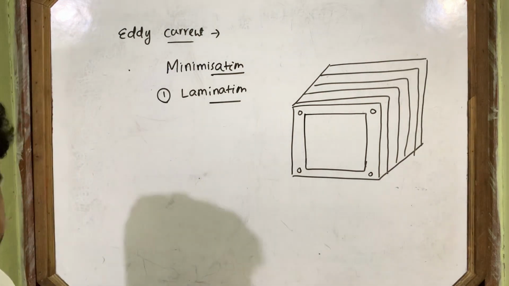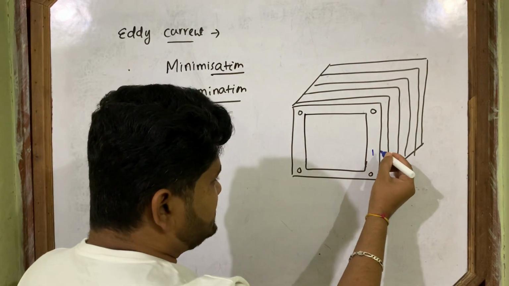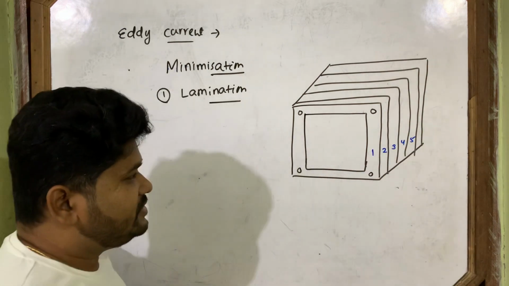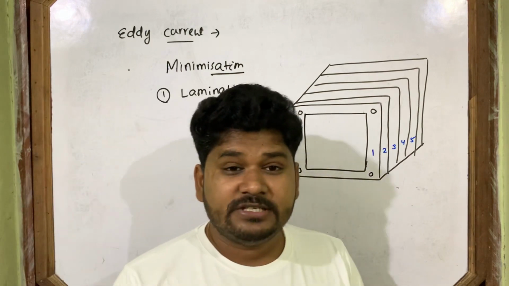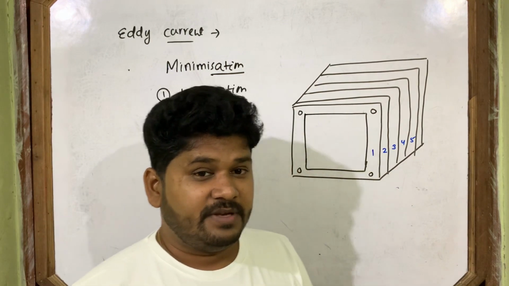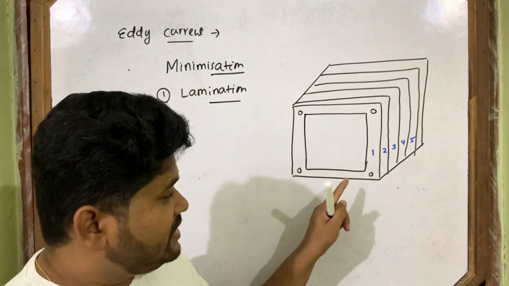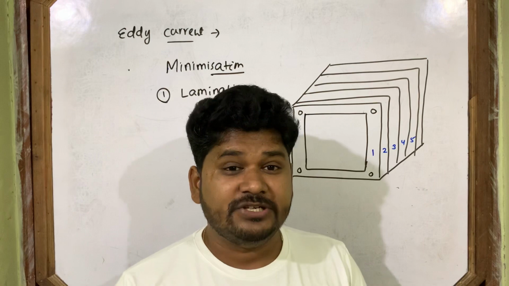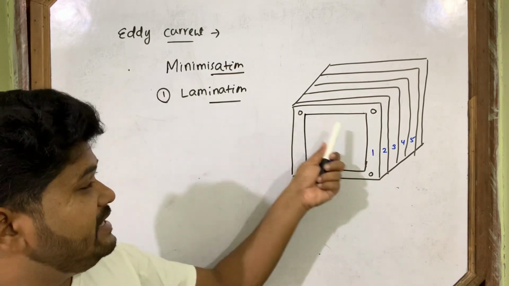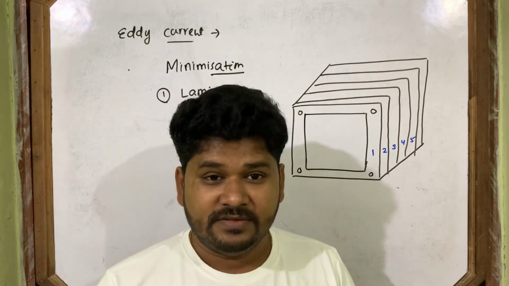Now see. This is one sheet, this is another sheet, another sheet, another sheet. So these are sheets which are insulated from each other. Insulating paint is applied to insulate the sheets from each other. This is called lamination.